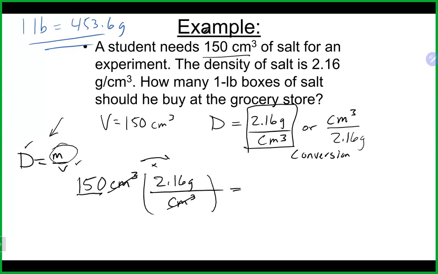The reason we don't have to worry about it here is the unit that's associated with the density is also already cubed. Because that's a cubic centimeter, which is a volume, it will perfectly cancel out with the 150 cubic centimeters in this case. This wouldn't work if you had, for example, grams per just 1 centimeter on the bottom.